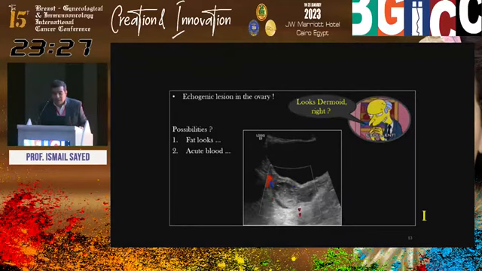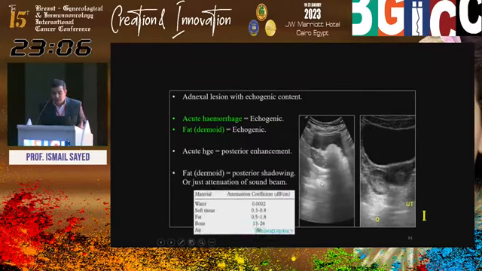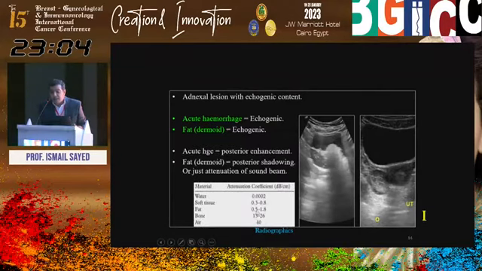But what's behind this lesion? Dermoid containing fat, yes? Fat, echogenic. Acute blood, echogenic. But fat usually displays posterior attenuation because ultrasound is attenuated significantly in fatty tissues.